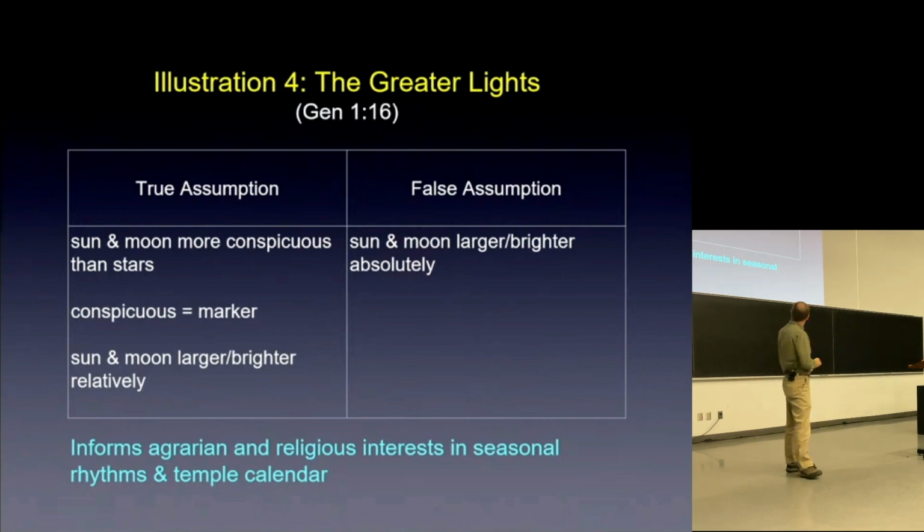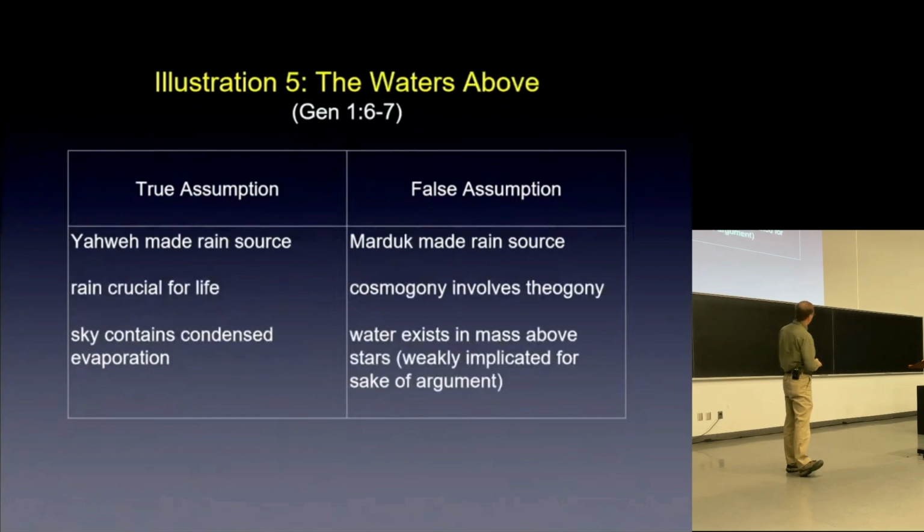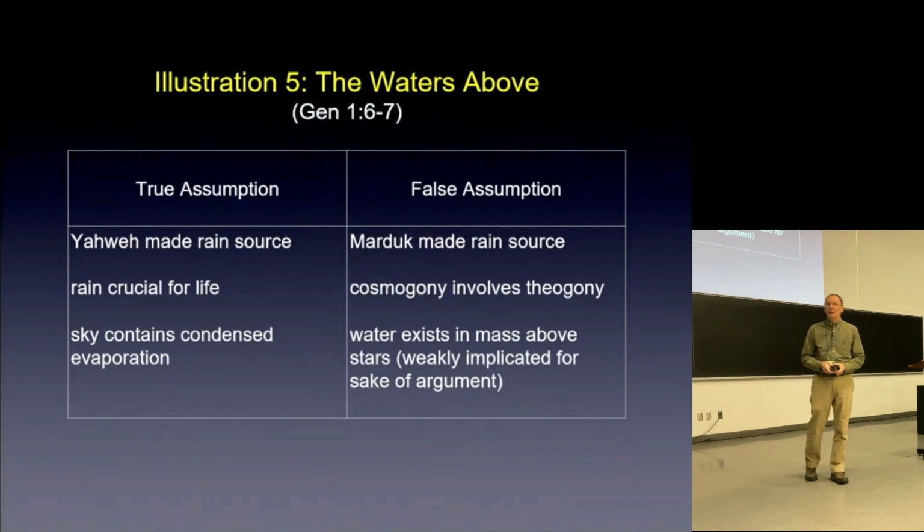All right, for the last example I want to use, it's the hardest one that I know in the Old Testament, probably in the whole Bible. This is the toughest example where the language of the text seems to encourage the entertainment of a false assumption.